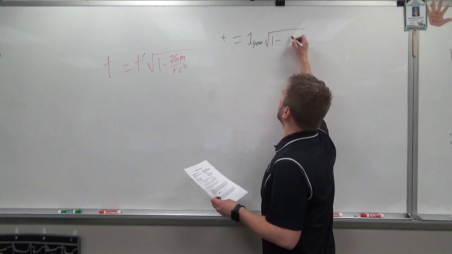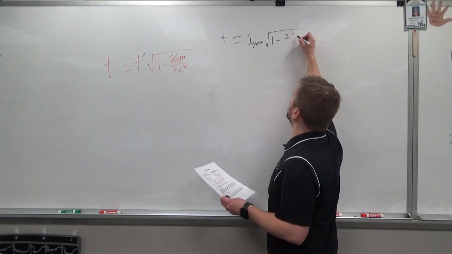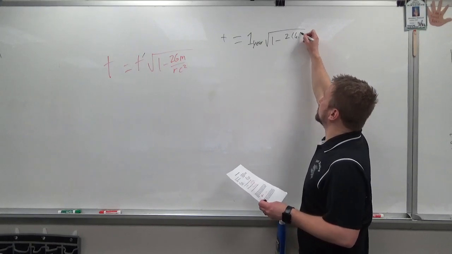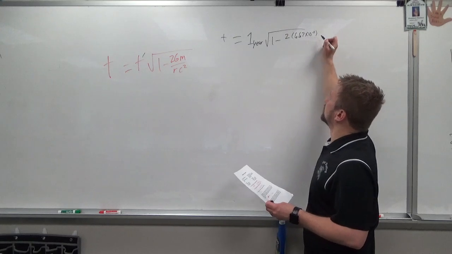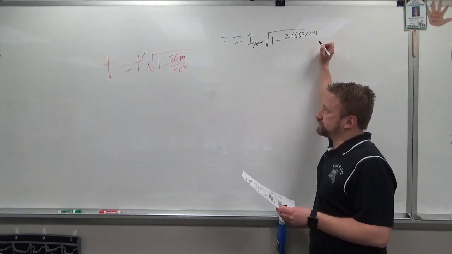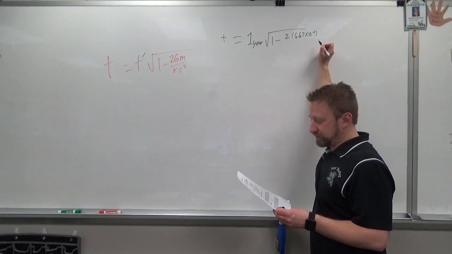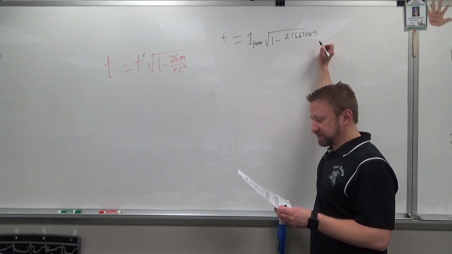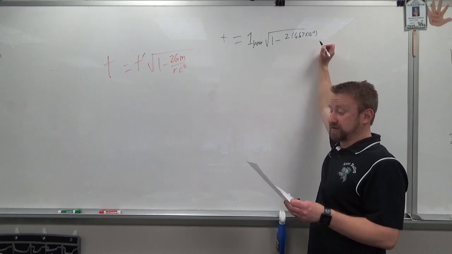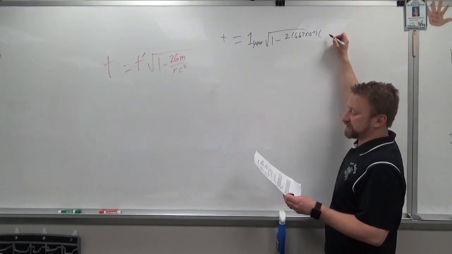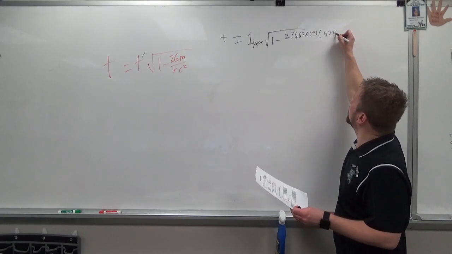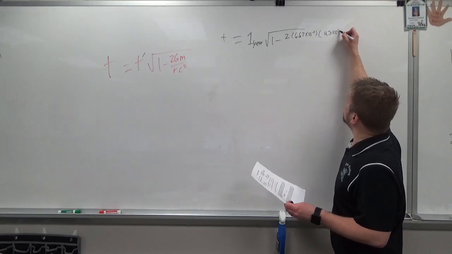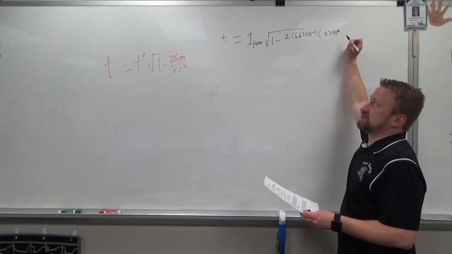So we have 1 minus 2 times G, which is 6.67 times 10 to the negative 11th, right? M, the mass of Sagittarius A star, was given to us as 4.3 times 10 to the 6 solar masses.